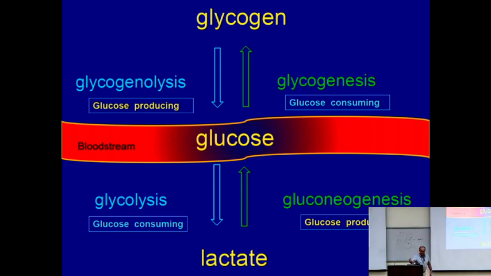So that process consumes glucose. That's very important, the term consumes. It uses up glucose by storing it in the form of glycogen. Another process, which we'll talk about later today, that also consumes glucose is glycolysis.